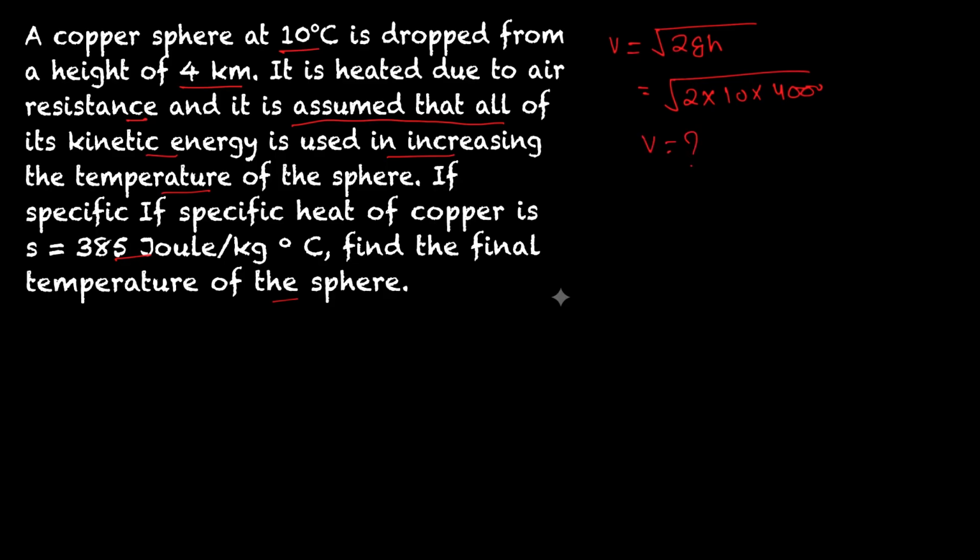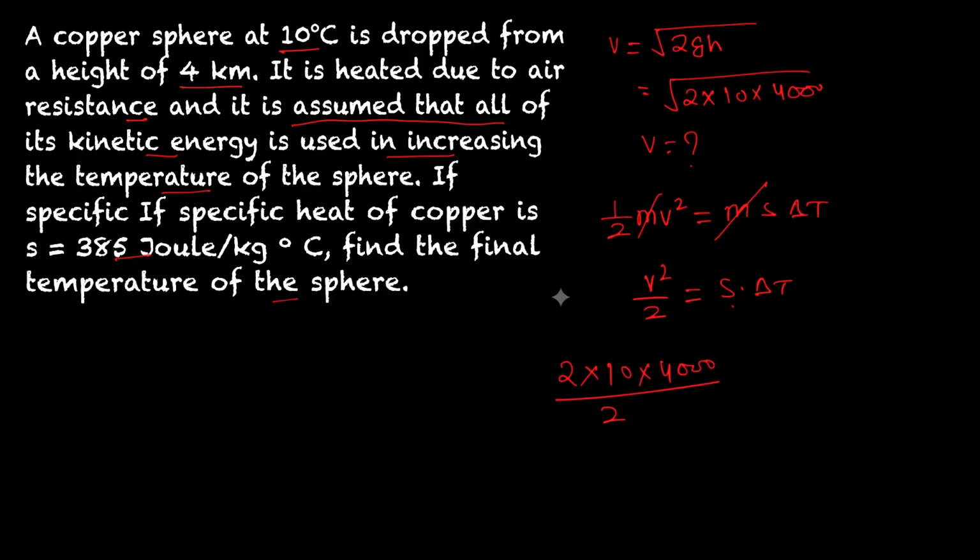Now this whole energy will convert into heat energy, so we can write m s delta T. Now m and m get cancelled and we know v squared by 2 is equal to s into delta T. Delta T they are asking for and specific heat is given to you. It means v squared, that is 2 into 10 into 4000 divided by 2 and divided by 384, that will be delta T. That's how we can calculate the temperature of this one.